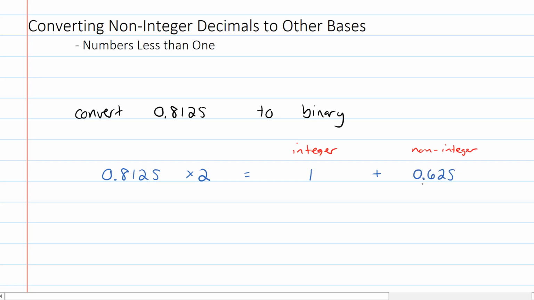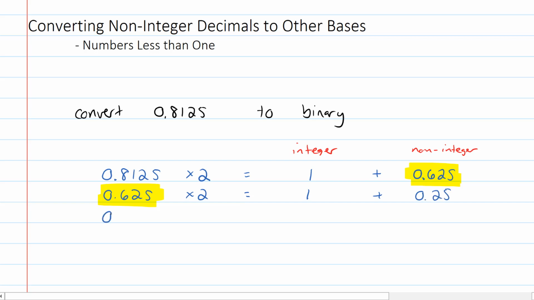So the integer part goes in one column, essentially, and then the remaining fractional part goes in the other column. We're then going to take this 0.625 and write it underneath over on the left, and we're going to repeatedly multiply by the base. 0.625 multiplied by 2 is 1.25. I'm going to split that into 1 plus 0.25.